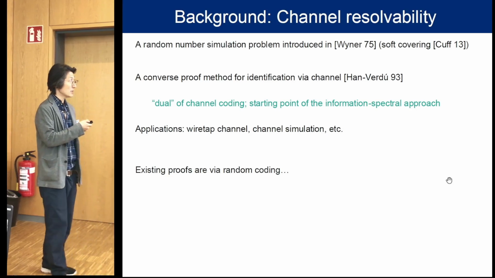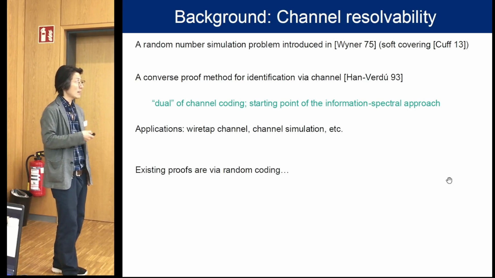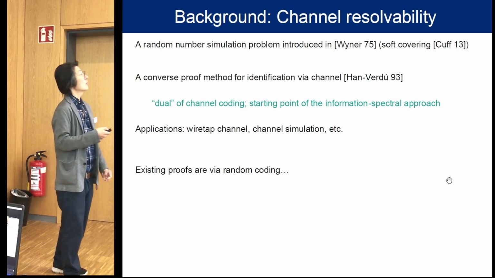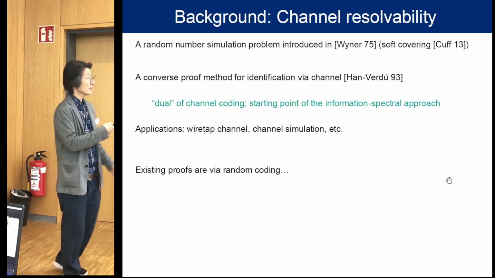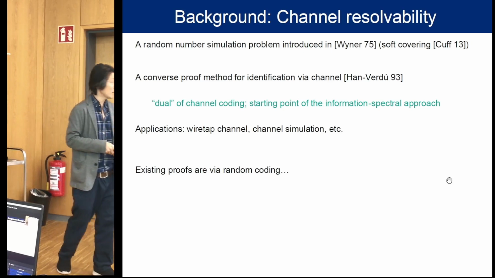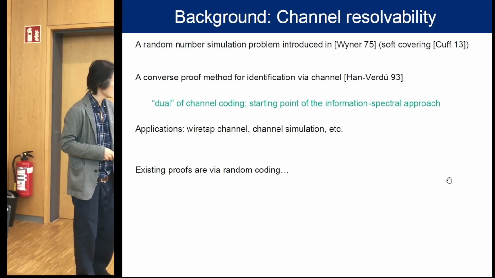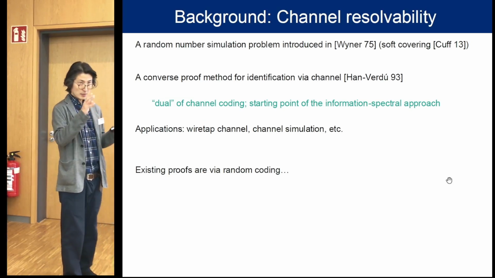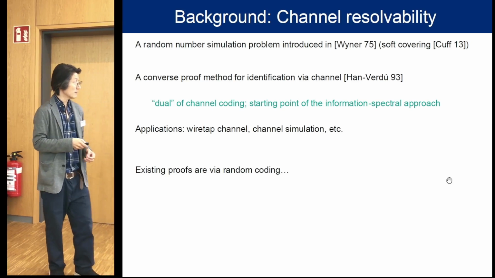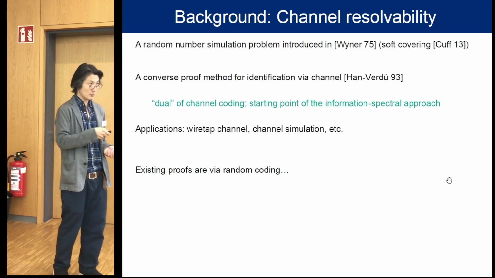One famous application is that we can use this technique to construct wiretap channel coding or channel simulation, etc. So this is quite an important problem, and it has been studied quite a lot. But existing proofs of this channel resolvability are via random coding method.